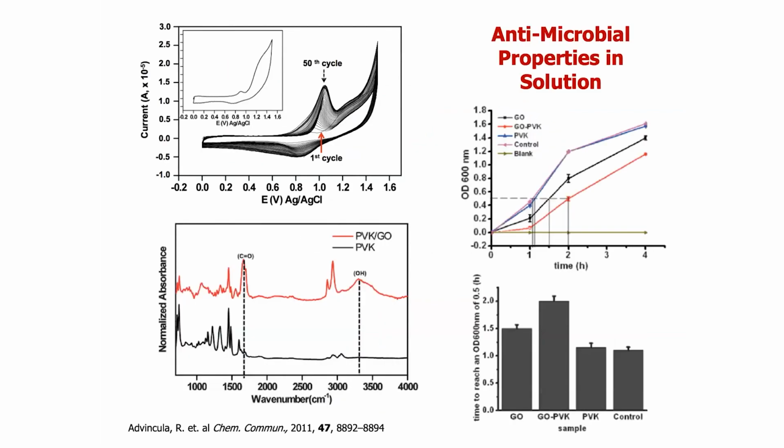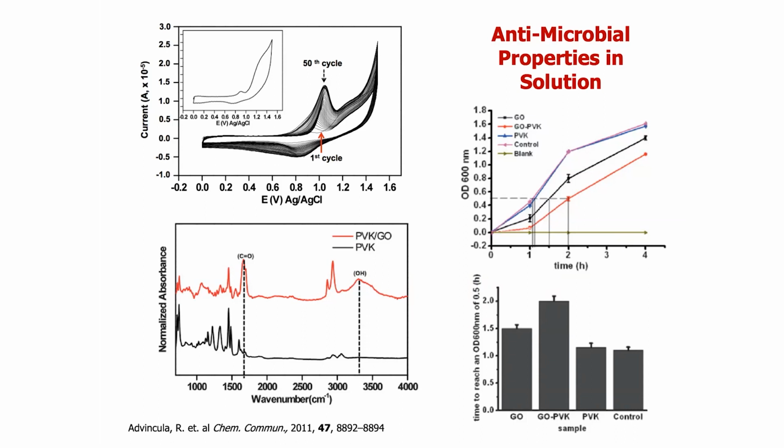In this case, the graphene oxide, PVK, and PVK control were differentiated in terms of their optical density when it comes to the presence of bacteria. From the graph, it simply shows that the presence of graphene oxide, or even better, the combination of graphene oxide and PVK, kills more bacteria because of the higher optical density in solution.